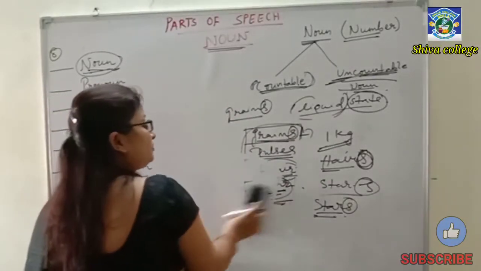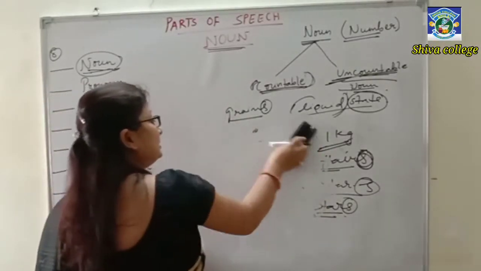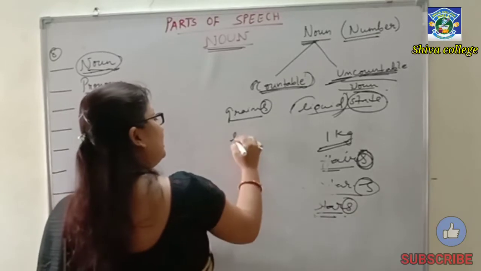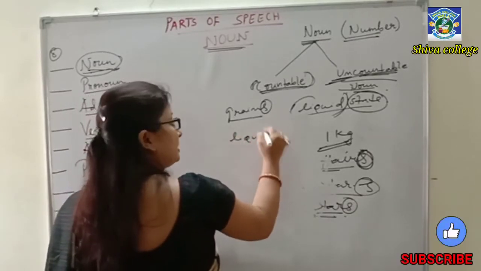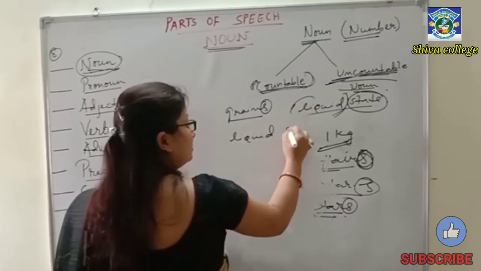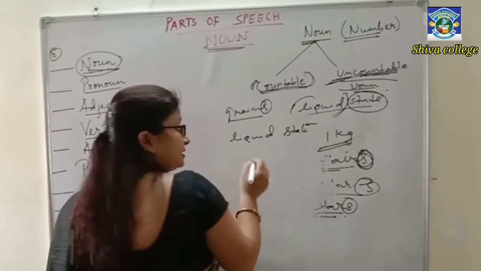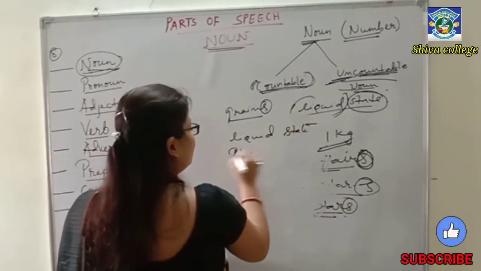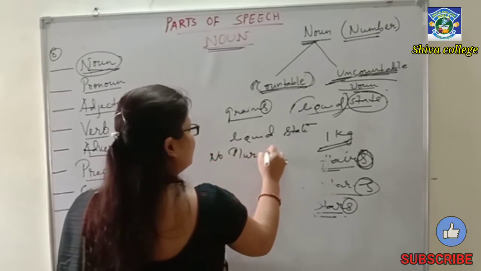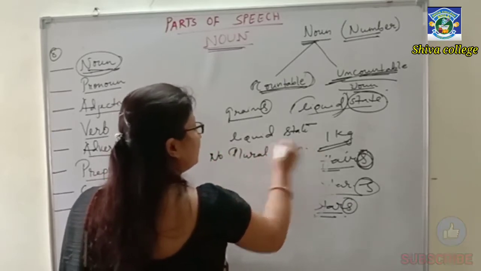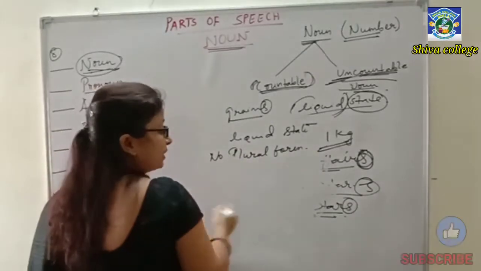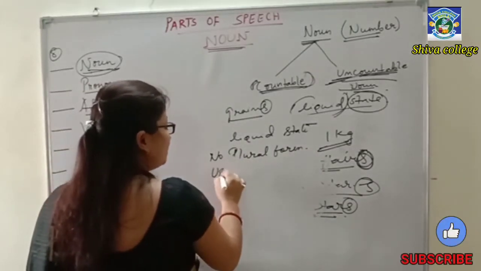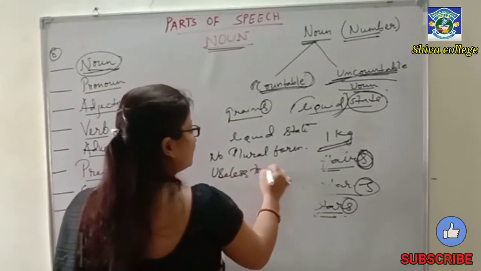So in uncountable noun we have seen that the things which are in liquid state come under the uncountable noun. The things which do not have a plural form, no plural form. And next, what more we have got: things which are useless to count.